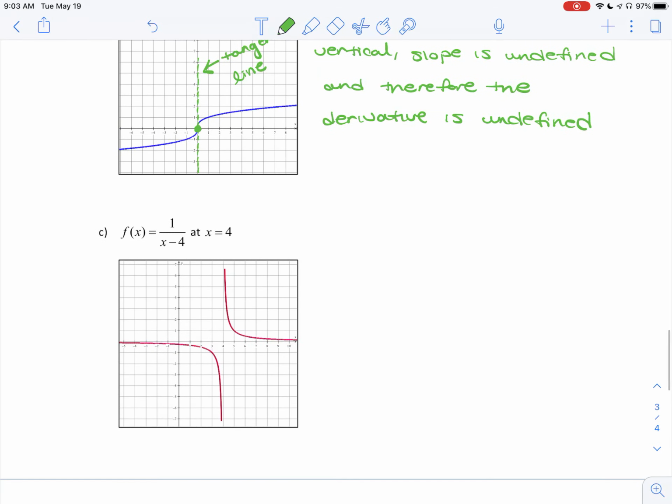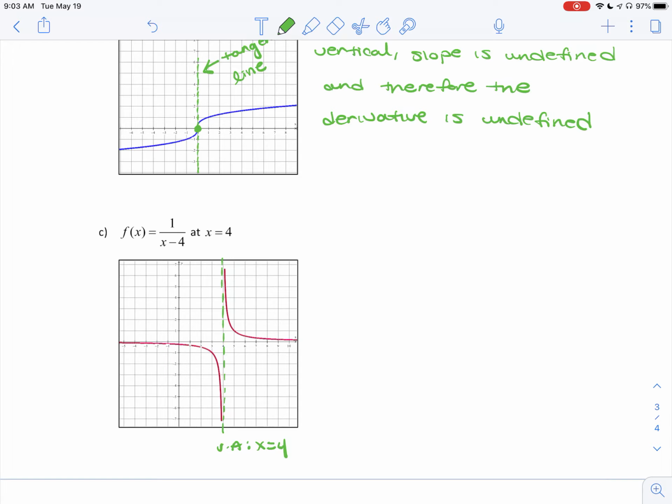One more example I want to look at here, where we have some issues with differentiability, is this rational function, and we want to look at x equals 4. So if you think about x equals 4 right here, you'll see, of course, that we have a vertical asymptote at x equals 4. Well, if we have a vertical asymptote, that of course means that our function is undefined at x equals 4.